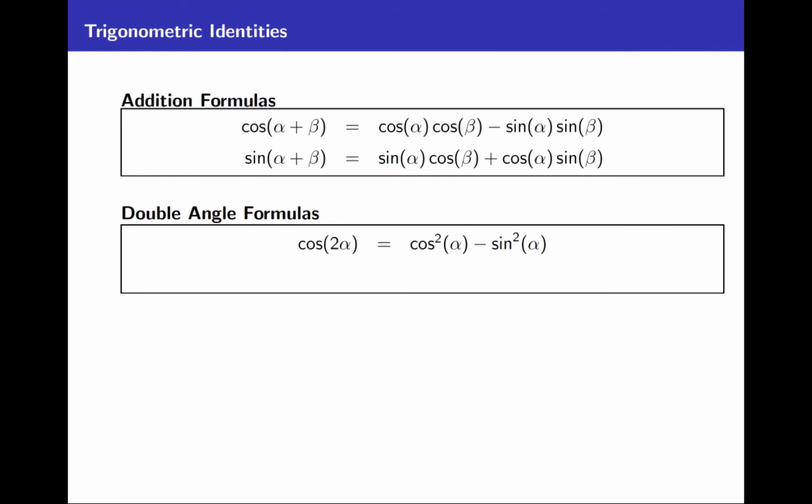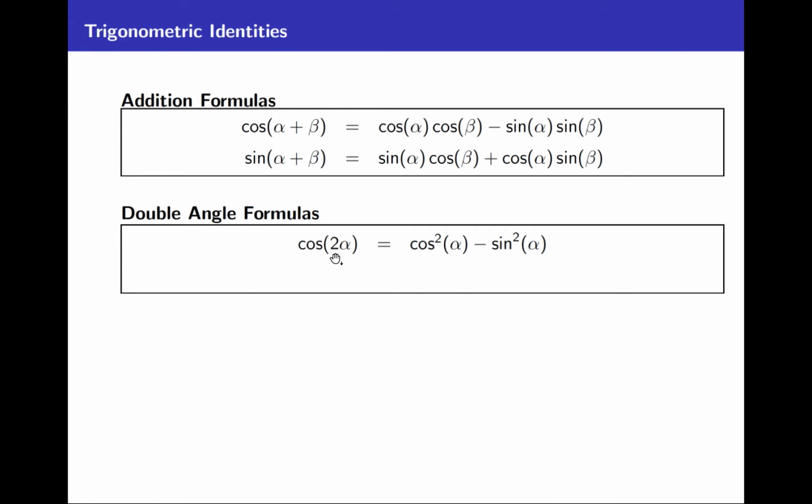There are also what are called double angle formulas, and these give the expressions of cosine 2 times alpha. And the way to think about this, cosine 2 times alpha, that would be cosine of alpha plus alpha. Just replace the beta with an alpha, and you get cosine alpha cosine alpha minus sine alpha sine alpha. So that's cosine squared alpha minus sine squared alpha.